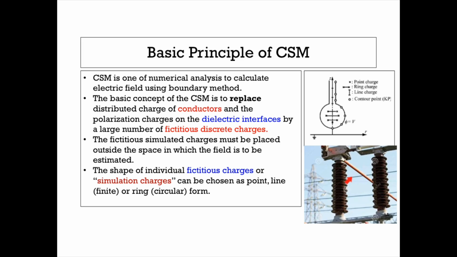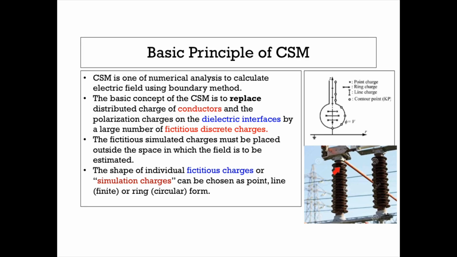Similarly, there is a high voltage transmission line, and when this transmission line is charged, an electric field is set up in the neighborhood. So by using the charge simulation method, it is possible to estimate the electric field intensity in the surrounding or the electrical potential distribution.